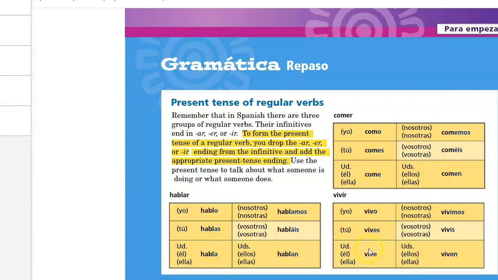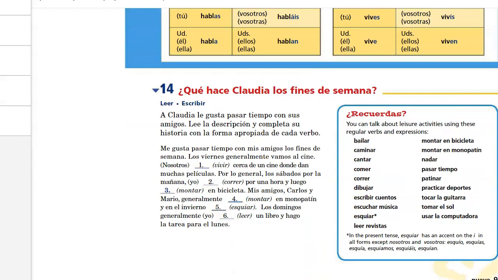The endings are similar, but we already acknowledged the differences between them. To go from AR to ER endings, you just switch out the A for an E, whereas ER and IR endings are essentially the same with the exception of the nosotros form. Imos instead of emos. So we're going to knock out exercise 14 together.